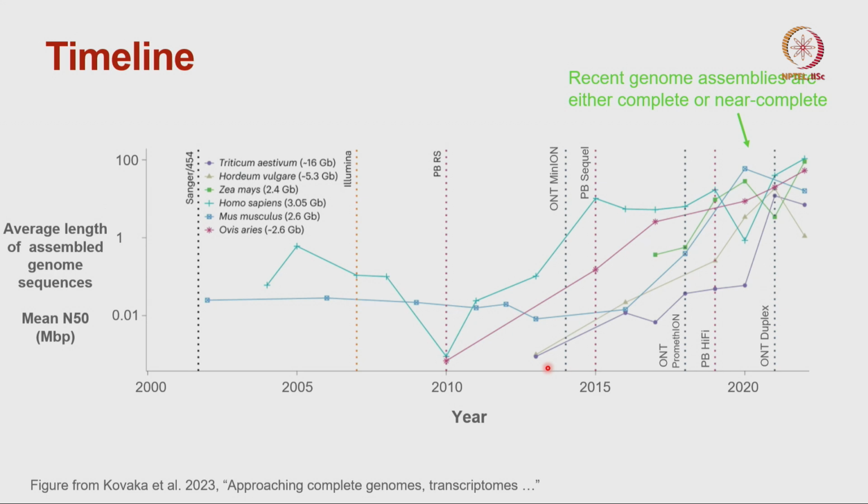Given these improvements in genome assembly, where we are able to assemble genomes that are either complete or near complete, and when we say complete we mean end to end reconstruction of each chromosome of the human genome, that is when the analysis of pangenome makes sense, because that is when we have access to high quality genome sequences.